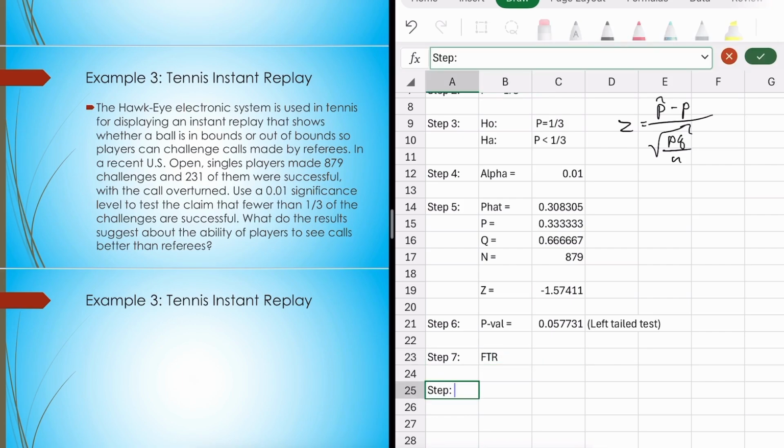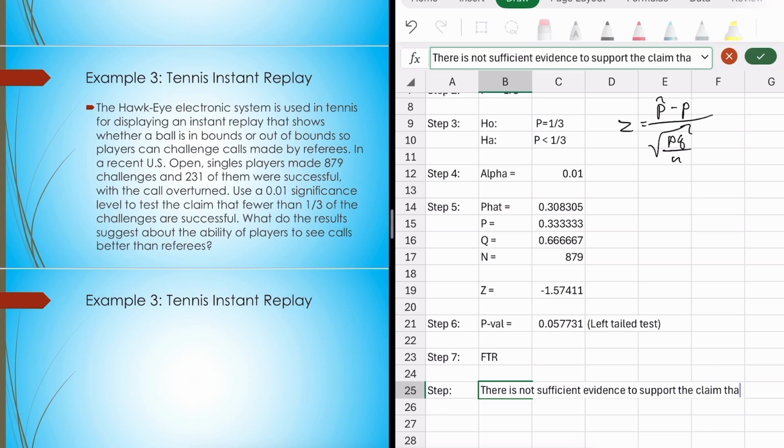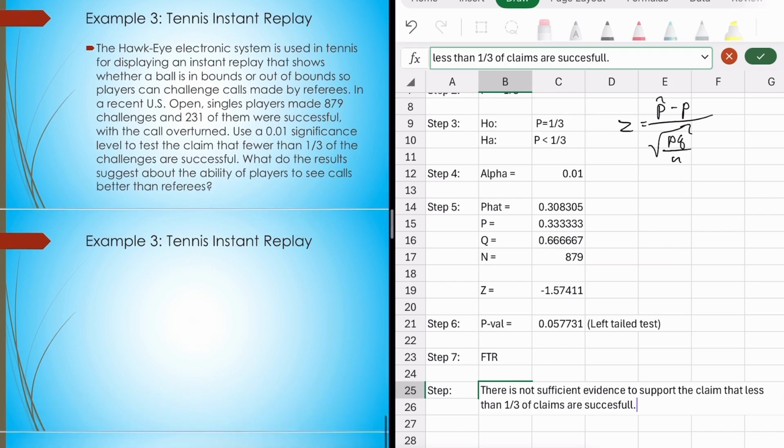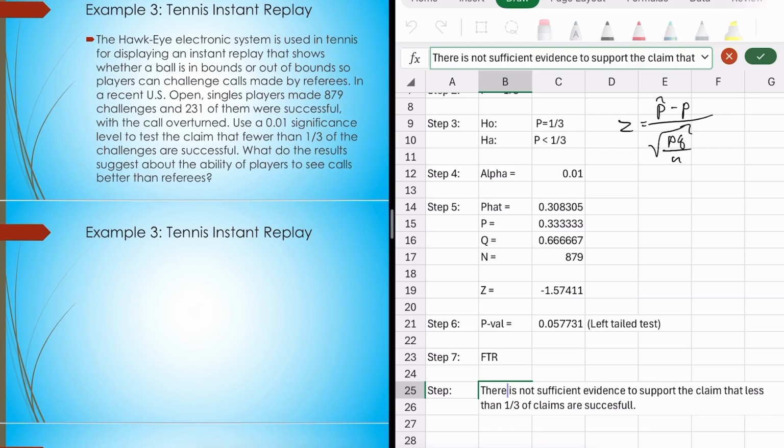Step 8, there is not sufficient evidence to support the claim that less than 1/3 of claims are successful. Indeed, it seems like this would suggest that more than 1/3 of the claims are successful. All right, 1 in every 3 claims at least is successful.